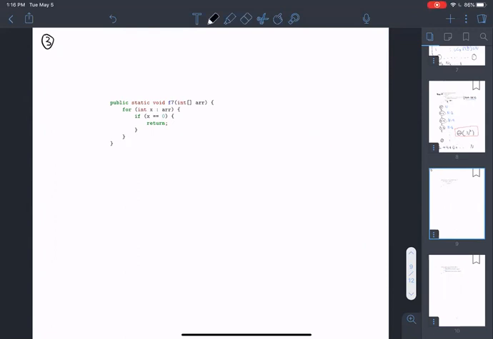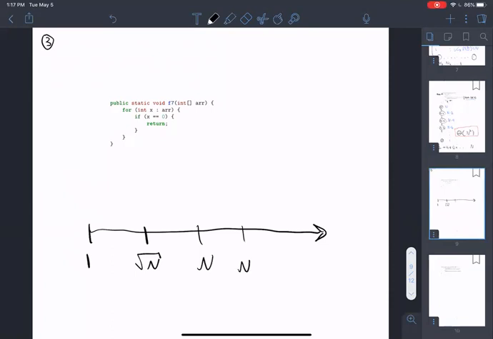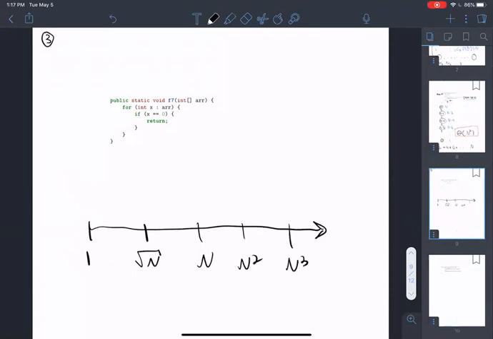Okay, so now we talk about best case versus worst case. The way I like to think about it is like a number line. Here you might have constant time, and then maybe here you have square root of n, and then n squared, n cubed, and there's a bunch of different tick marks you can make.